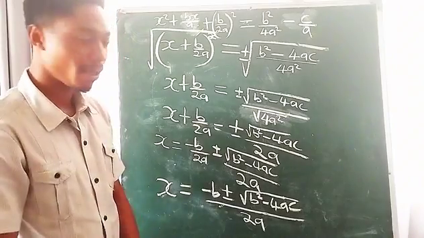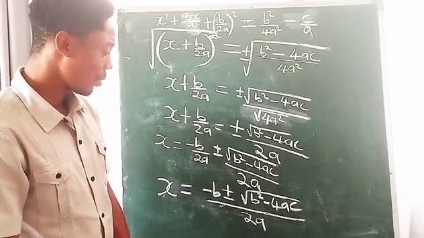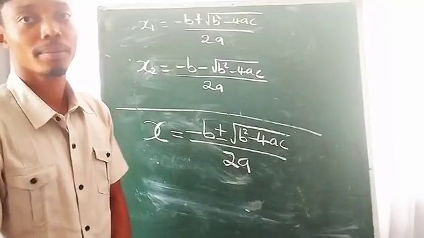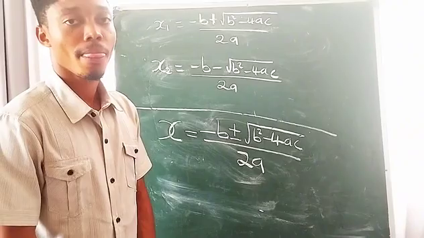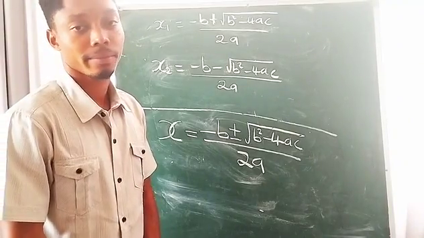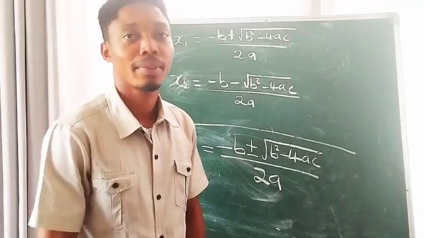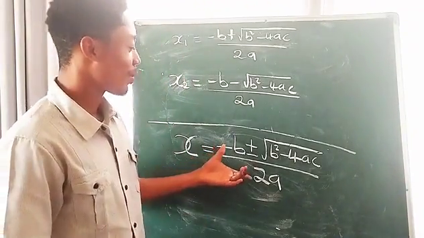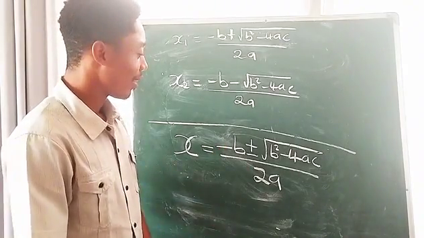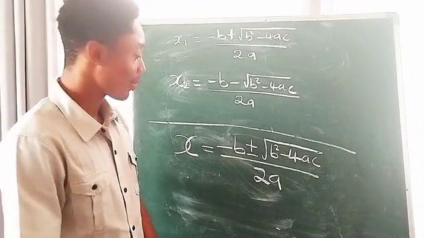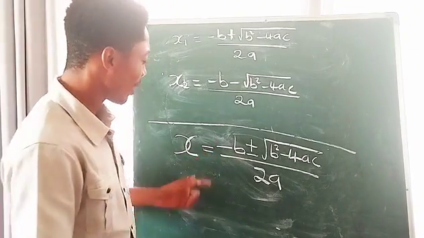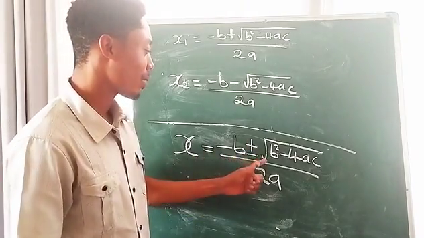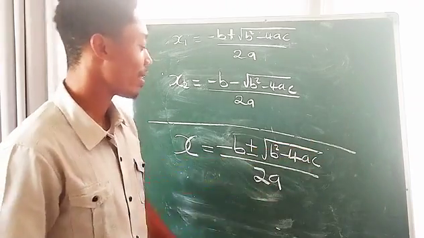But I'm going to show you something before I bring this video to an end. We've gotten to the end of this derivation, and you can see the quadratic formula: minus b plus or minus the square root of b squared minus 4ac, all over 2a.